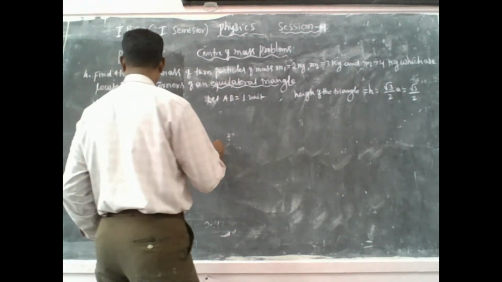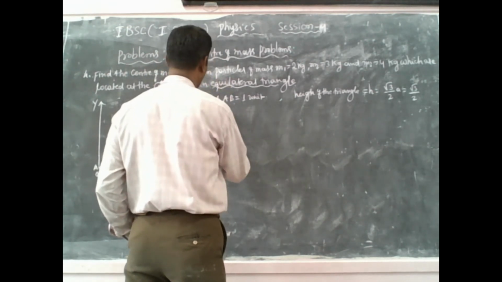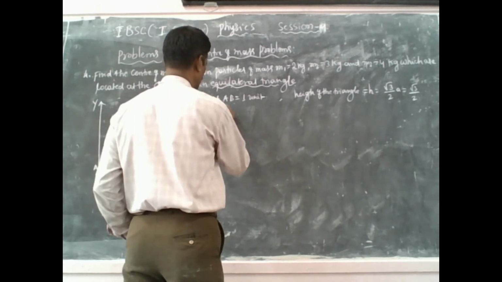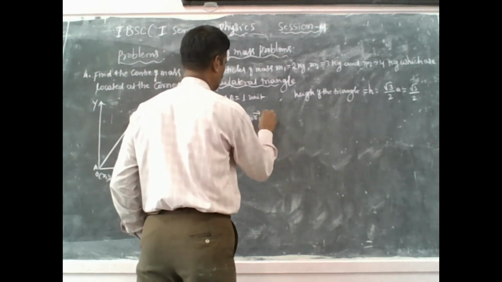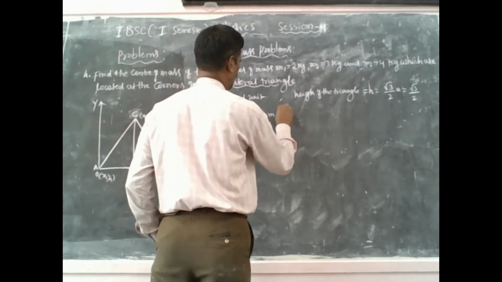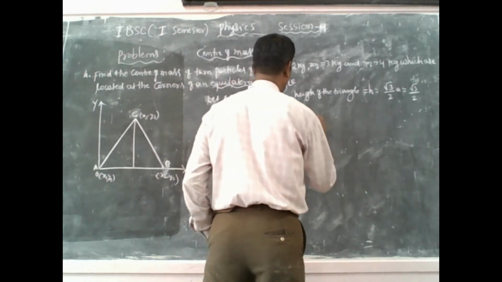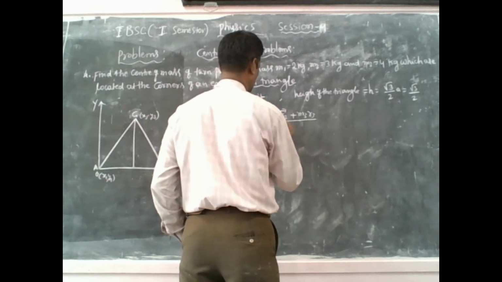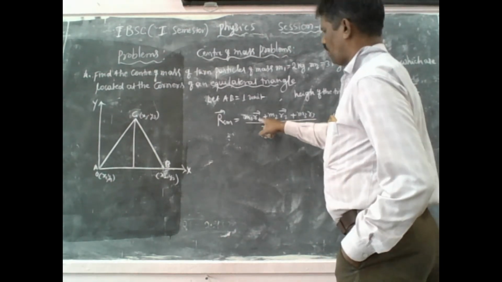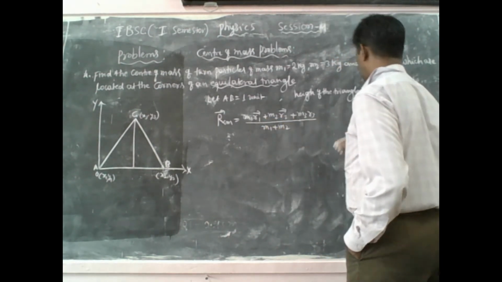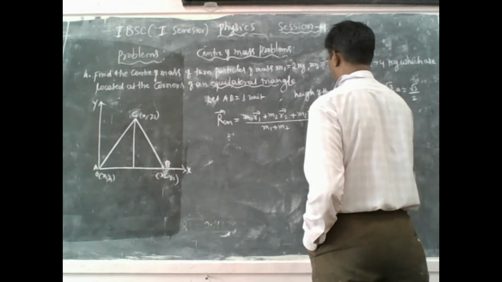We know the center of mass. Center of mass R CM equals m1 R1 plus m2 R2 plus m3 R3 divided by m1 plus m2 plus m3. But we don't know R1, R2 and R3. Therefore, R1, R2, R3 are the position vectors.